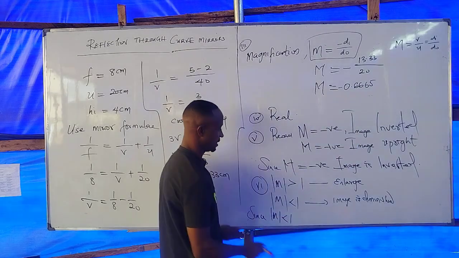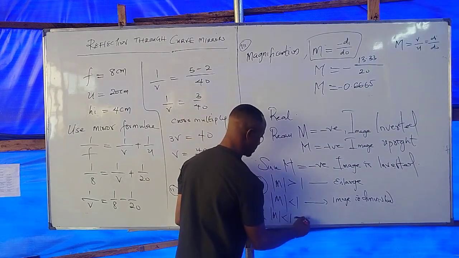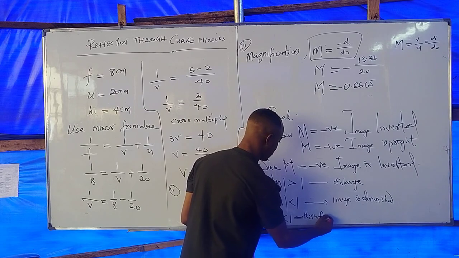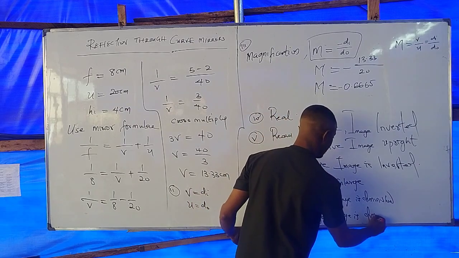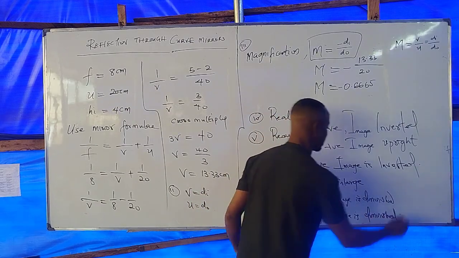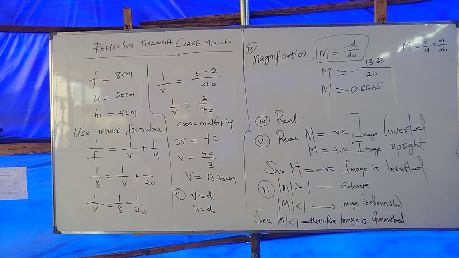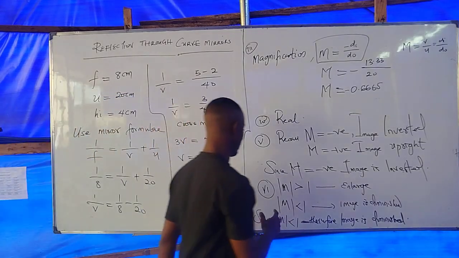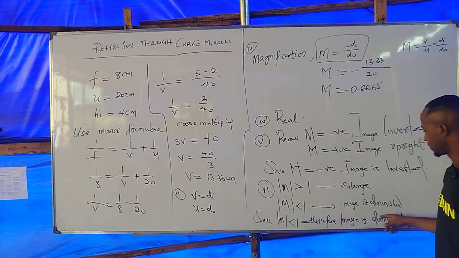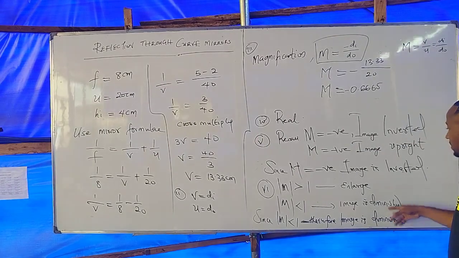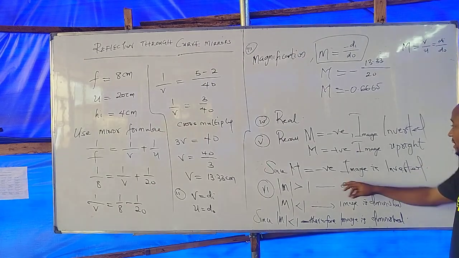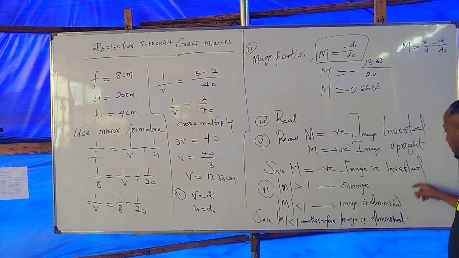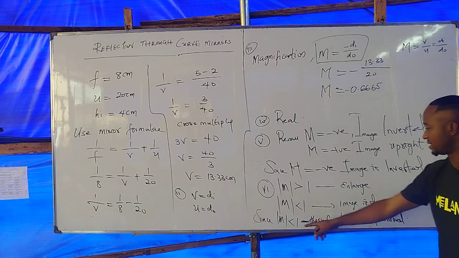Since it's less than 1, our image is diminished. I want us to analyze something, to see if truly the image is diminished and inverted. We say our M is negative, so the image is inverted, and it's also diminished because M is less than 1.